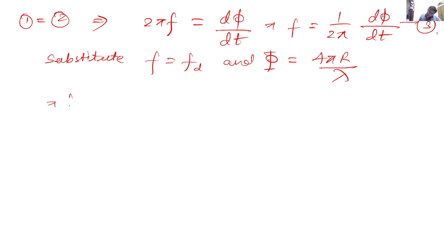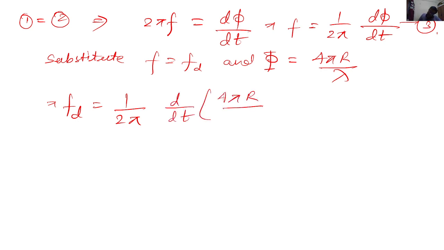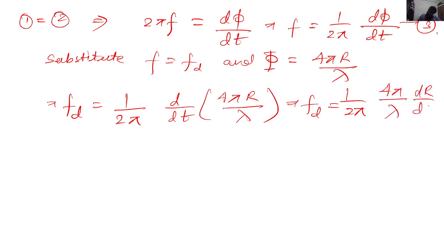So this implies fd would be 1 by 2 pi d by dt of 4 pi r by lambda. This implies fd is equal to 1 by 2 pi times 4 pi by lambda times dr by dt. Okay, so through this we get that fd is equal to 2 vr by lambda.